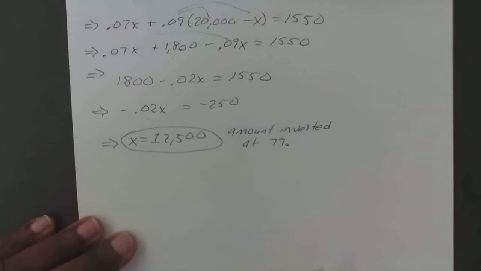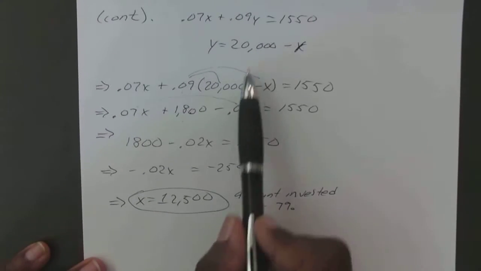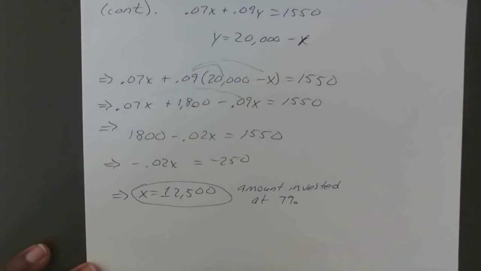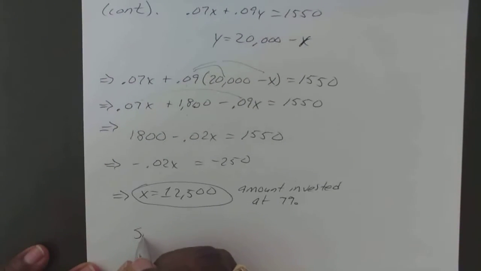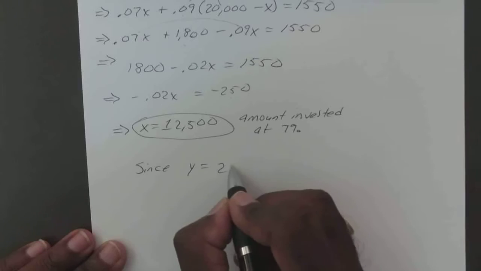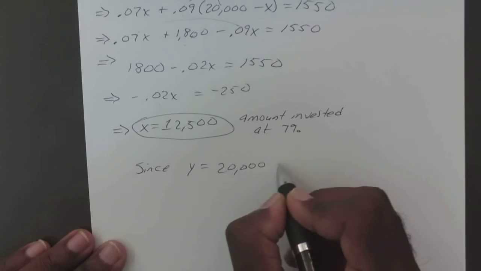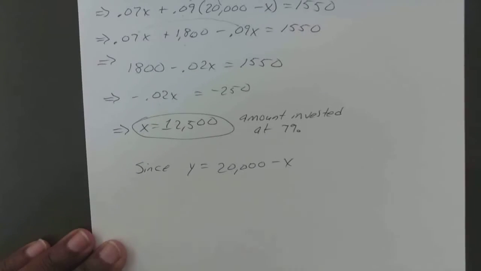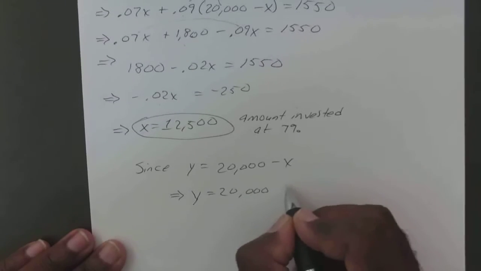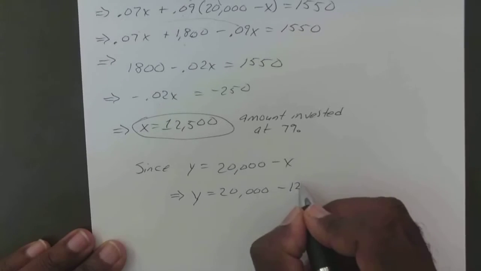Okay, so now all we have to do is get our x value, plug it up here, and solve for our y. So since y is equal to 20,000 minus x, we know that y is equal to 20,000 minus 12,500.